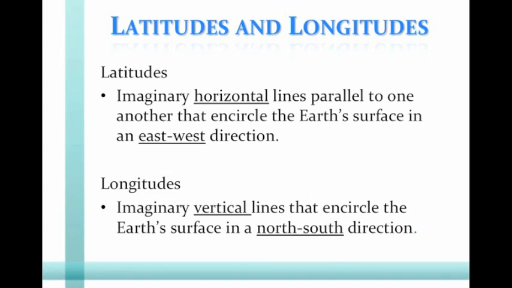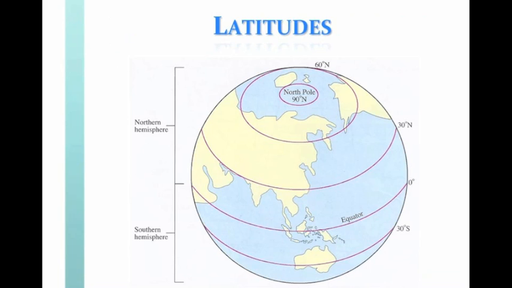You will have to know how to recognize the latitudes and the longitudes from world maps. The latitude that divides the Earth into halves is the equator, also known as 0 degrees latitude. Latitudes in the northern hemisphere are marked as north, while those in the south are marked as south. Notice 30 degrees north and 30 degrees south.